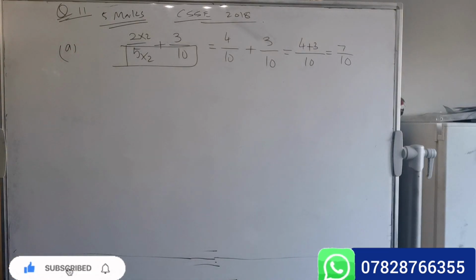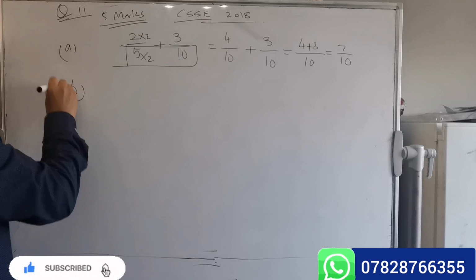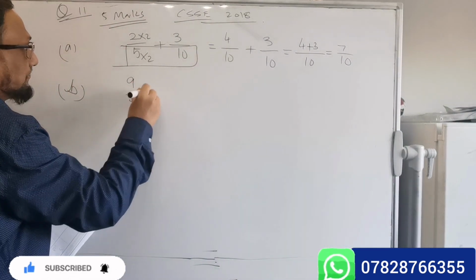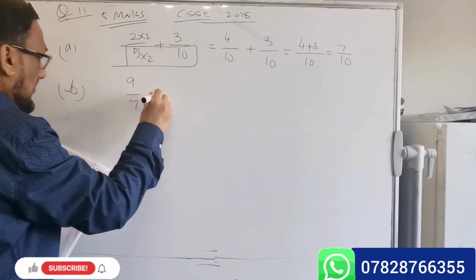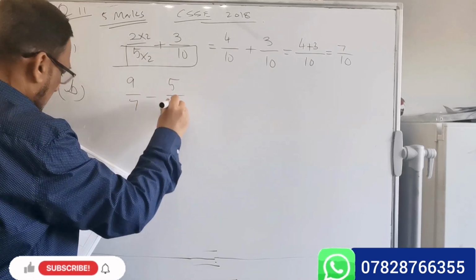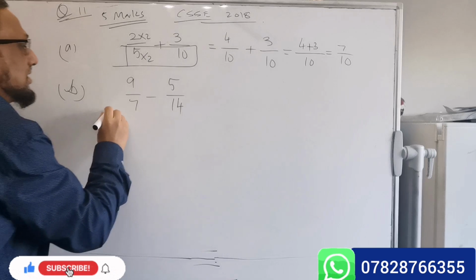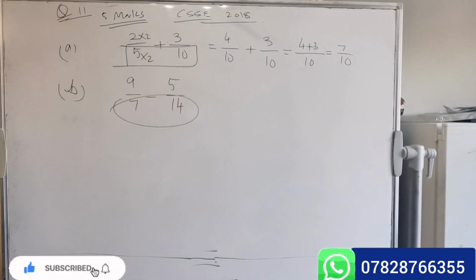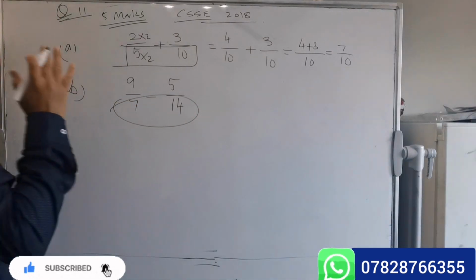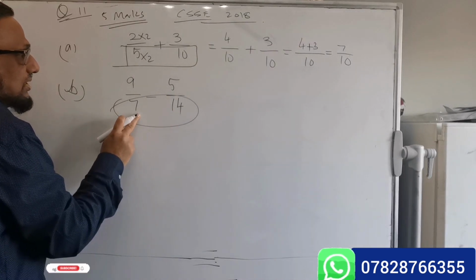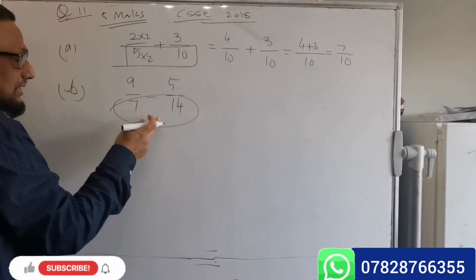Now I'm going to solve part B. Part B says 9 over 7 minus 5 over 14. Again, these are common multiples. If there is a common multiple, it is very simple, very easy. You can make this fraction to denominator 14.